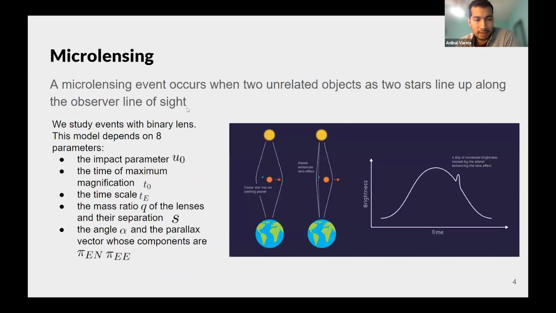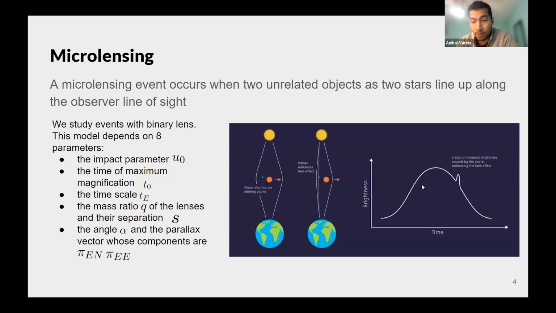As Natasha and Katarzyna previously talked about the microlensing phenomenon, I just want to add one more thing: in this work we also look at microlensing with binary lensing, a system where the lens is like, for example, the Sun and Earth binary system.